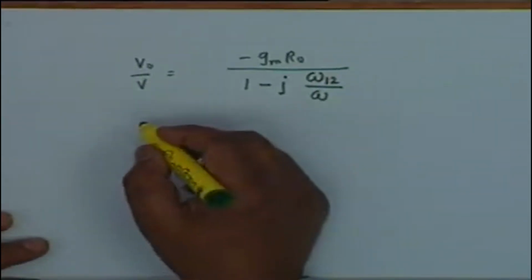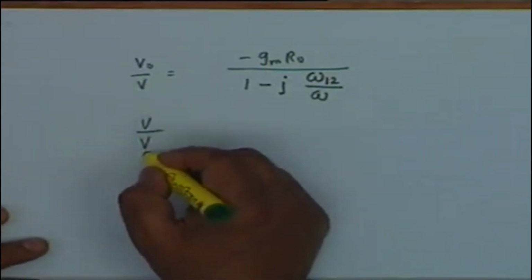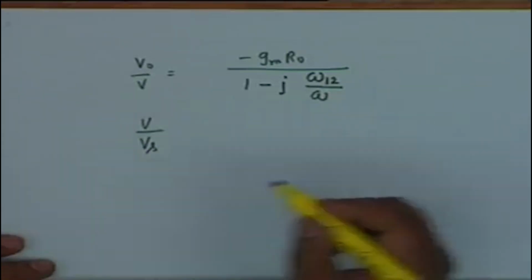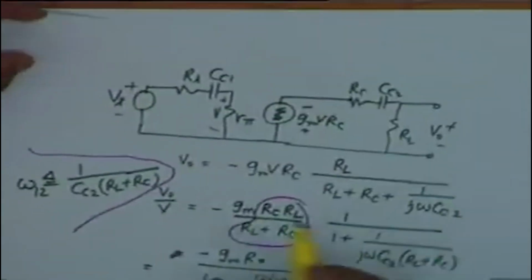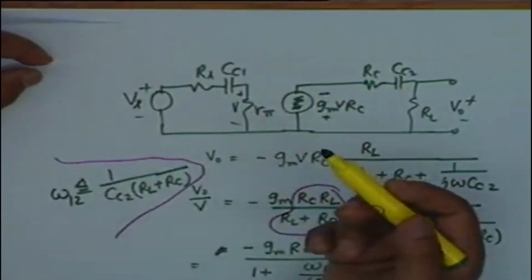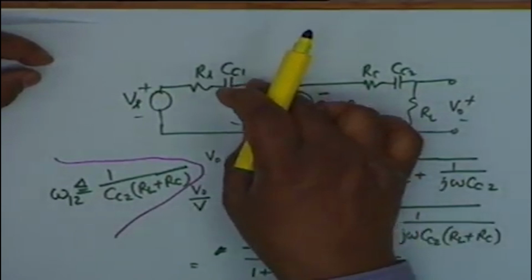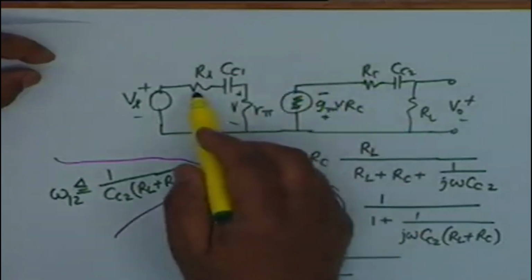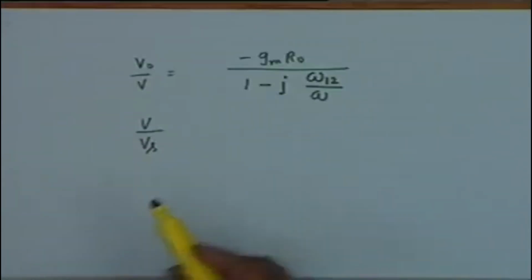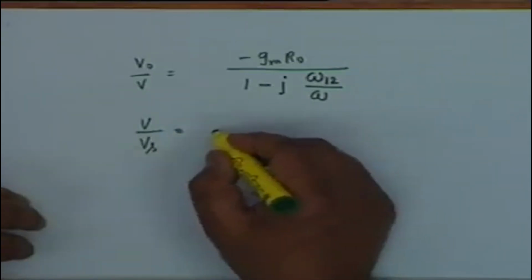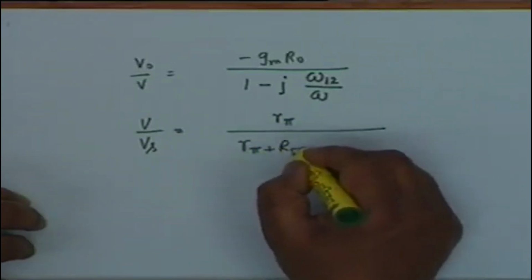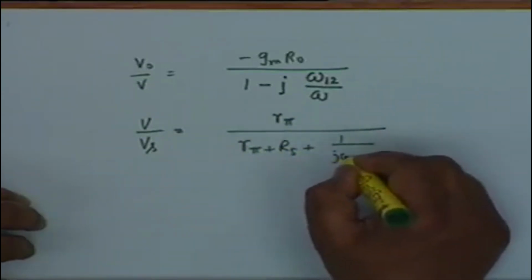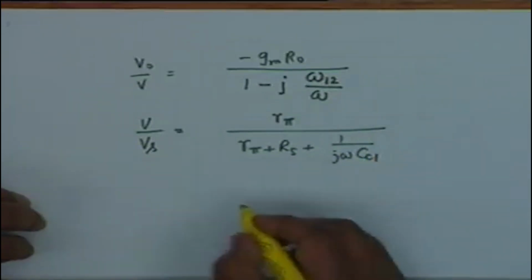We have, however, a task of finding V by Vs, and if you notice the circuit as I had drawn earlier, V by Vs is simply a potential division between R pi and Rs and CC1, and therefore I can also write that down by inspection, that is R pi divided by R pi plus Rs plus 1 over j omega CC1.